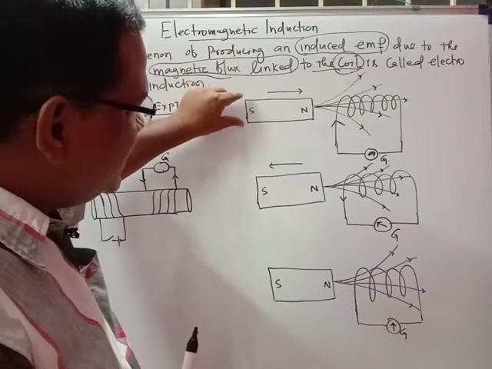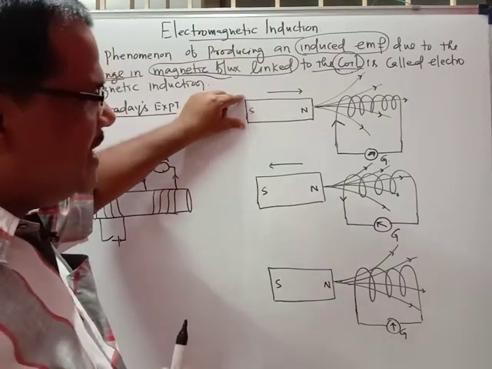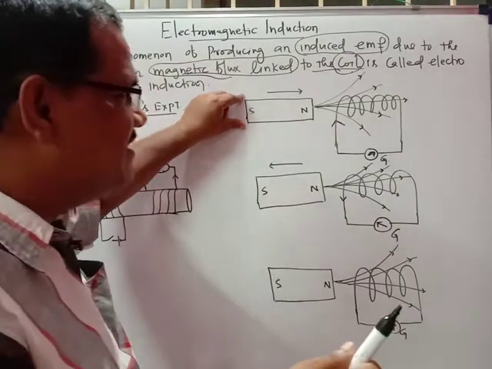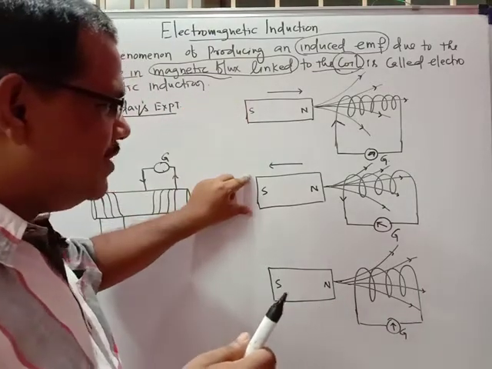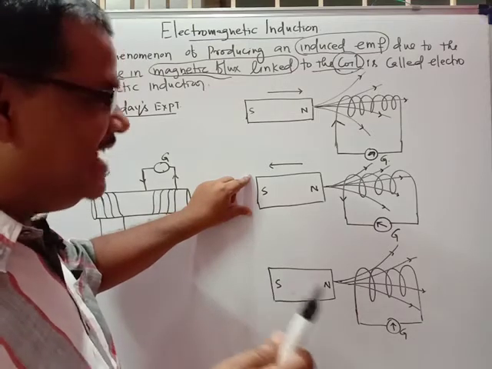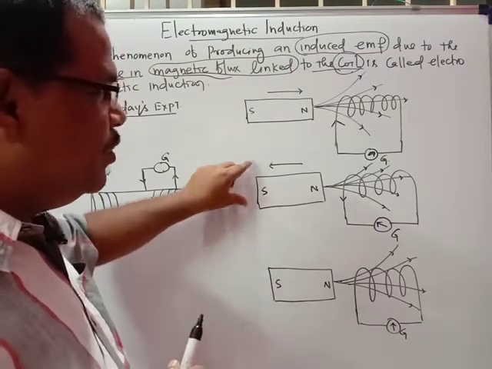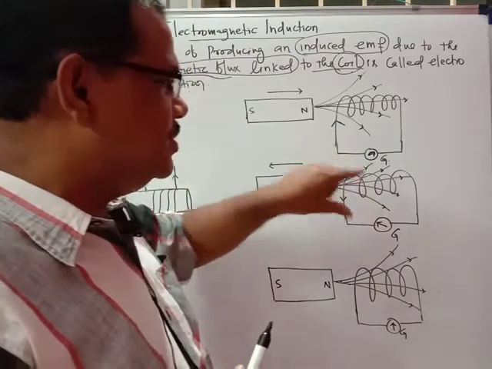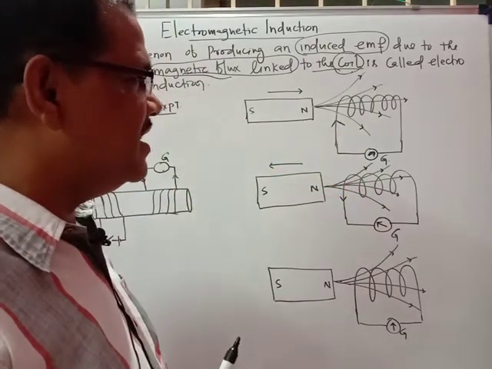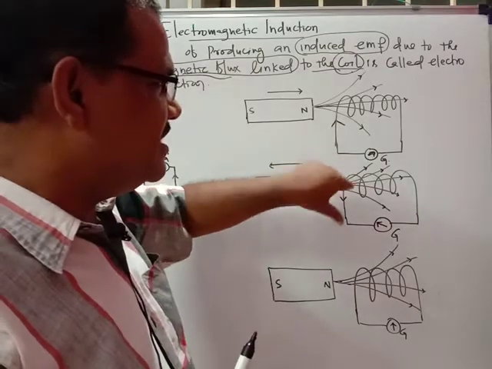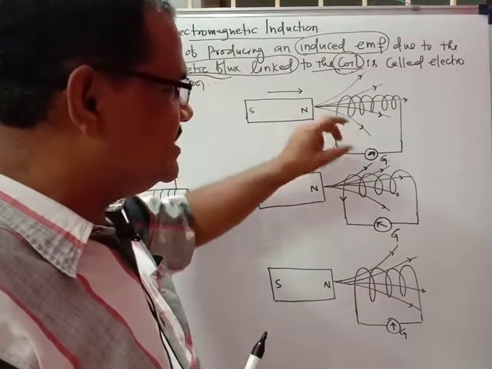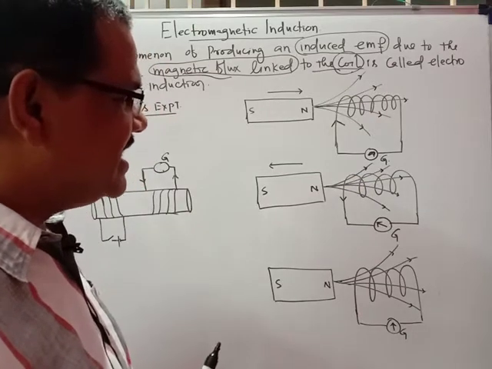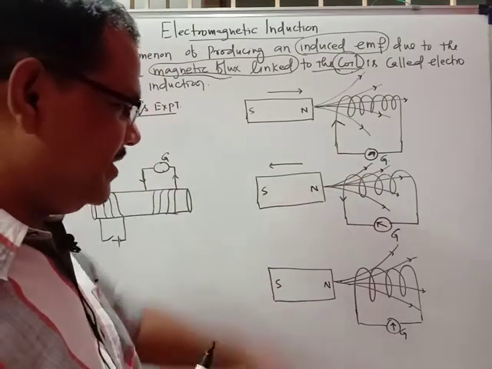In one case the magnetic flux links to the coil in an increasing manner, and here in a decreasing manner. In both cases we get current through the coil, called the induced current, because the magnet is not touching. Just remember, the magnet is not touching; the current produced through the coil is detected by the galvanometer connected to it.